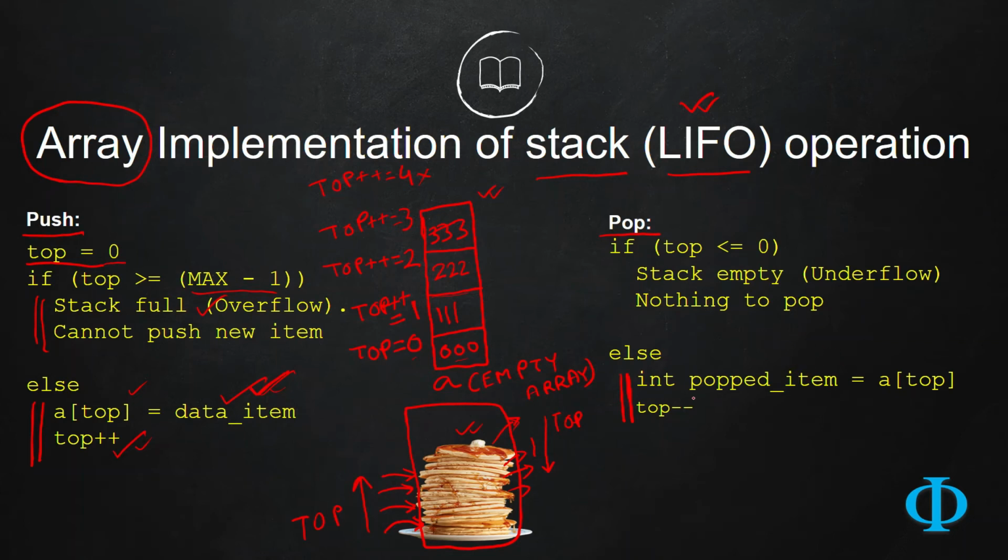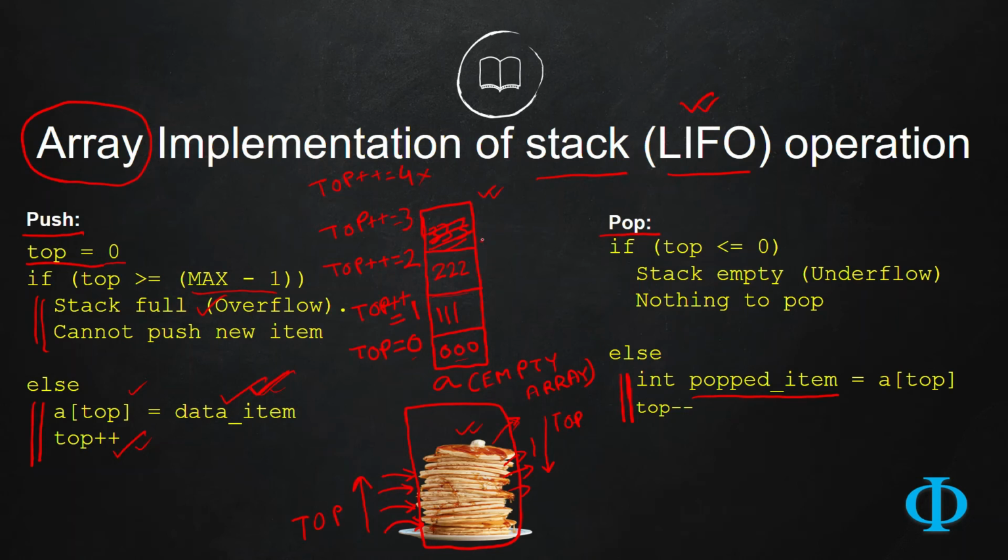I just saved it in a variable called popped item, just to show you that the element is taken out. So I have taken out the top element, and then I have decremented top.